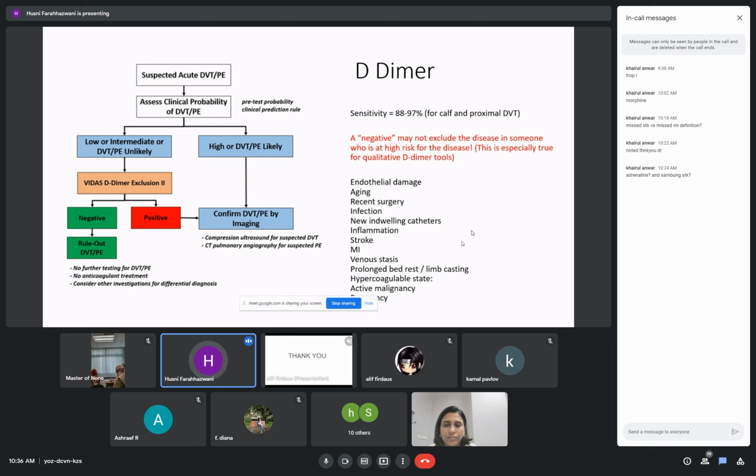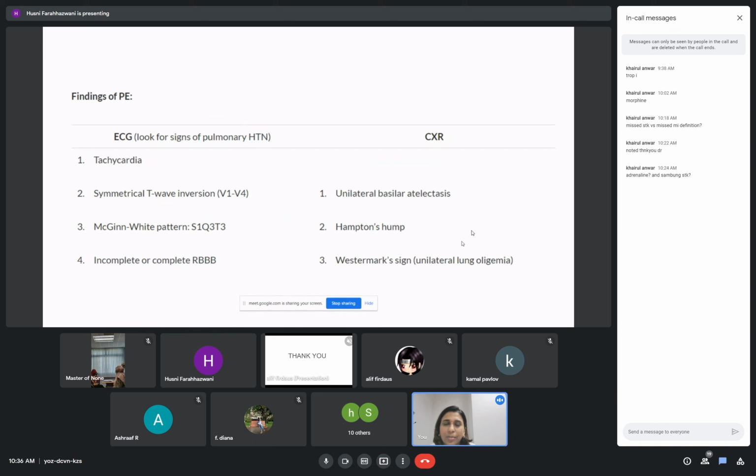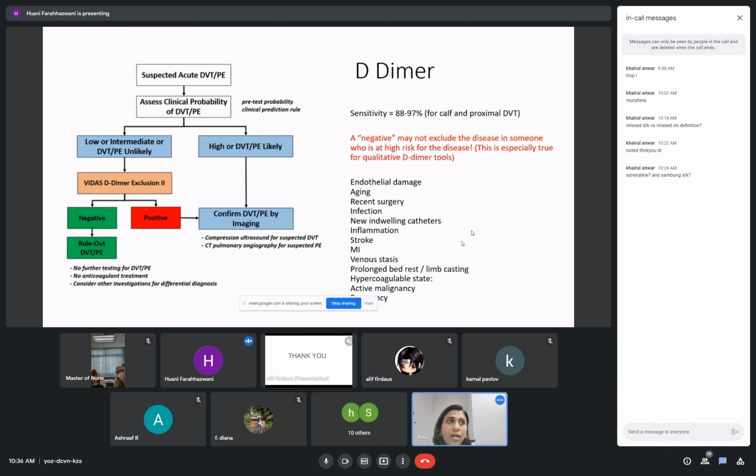So even though D-dimer is sensitive, a negative may not exclude the disease in a high risk patient. So actually, do not depend on D-dimer. That's the final conclusion. Do not depend on D-dimer to make a diagnosis.